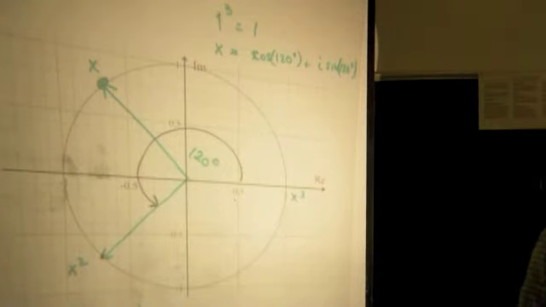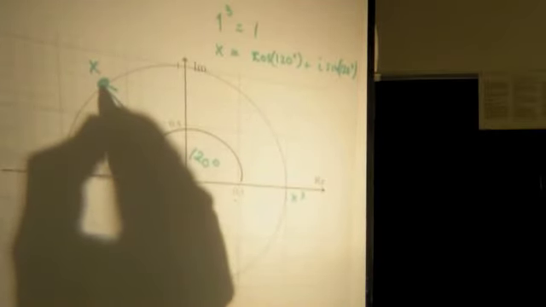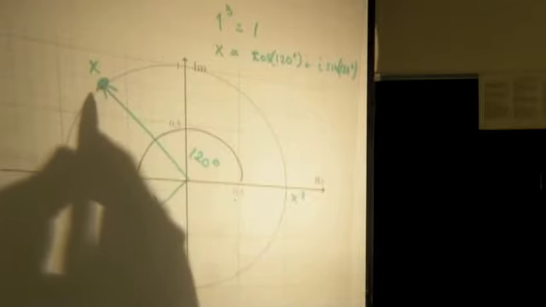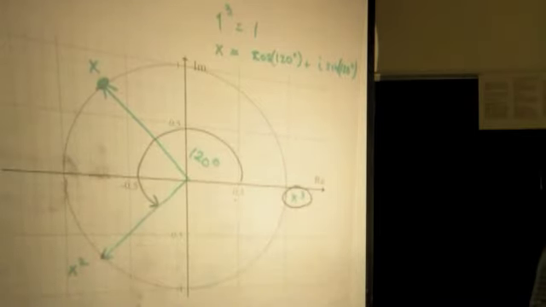If I take this number and square it, wait a minute, is that right? 240 plus 240 minus 360? But I end up right here. And then I add 240 degrees again. Oh, wow. I'm all the way back there at 1 one more time.